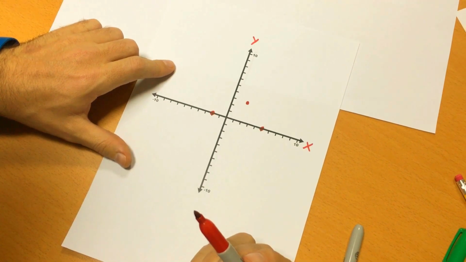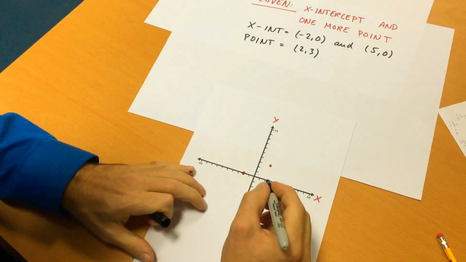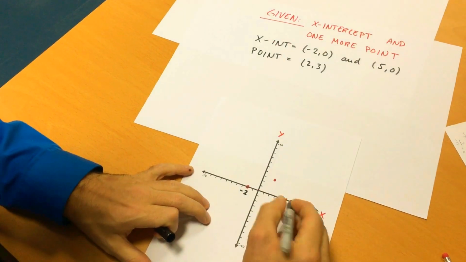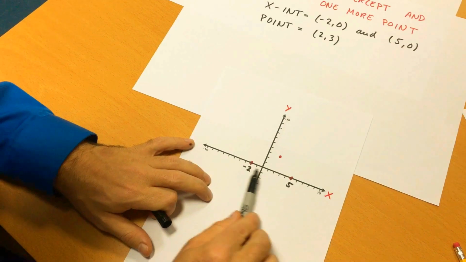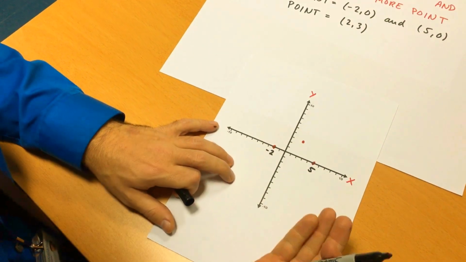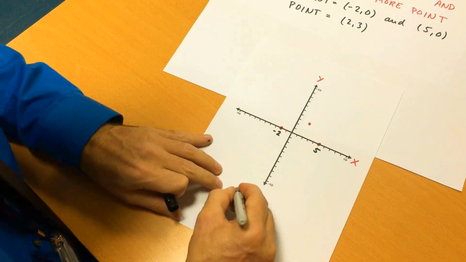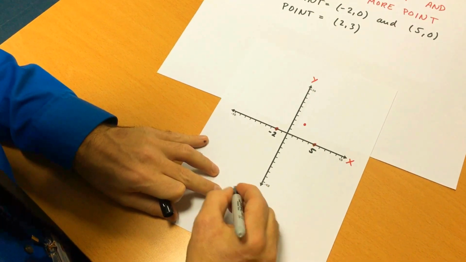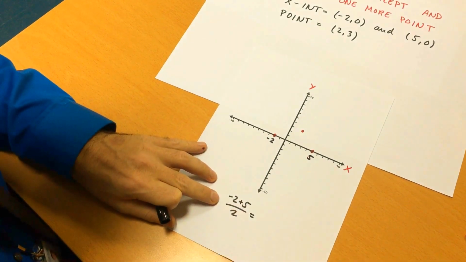So, I could find out by knowing that this is x equal to negative 2 and here is x equal to 5. The axis of symmetry must be exactly in the middle between these 2 points. Otherwise, it wouldn't be the axis of symmetry. So what is the average value between negative 2 and 5? Well, negative 2 plus 5 divided by 2, that's the average value, right?